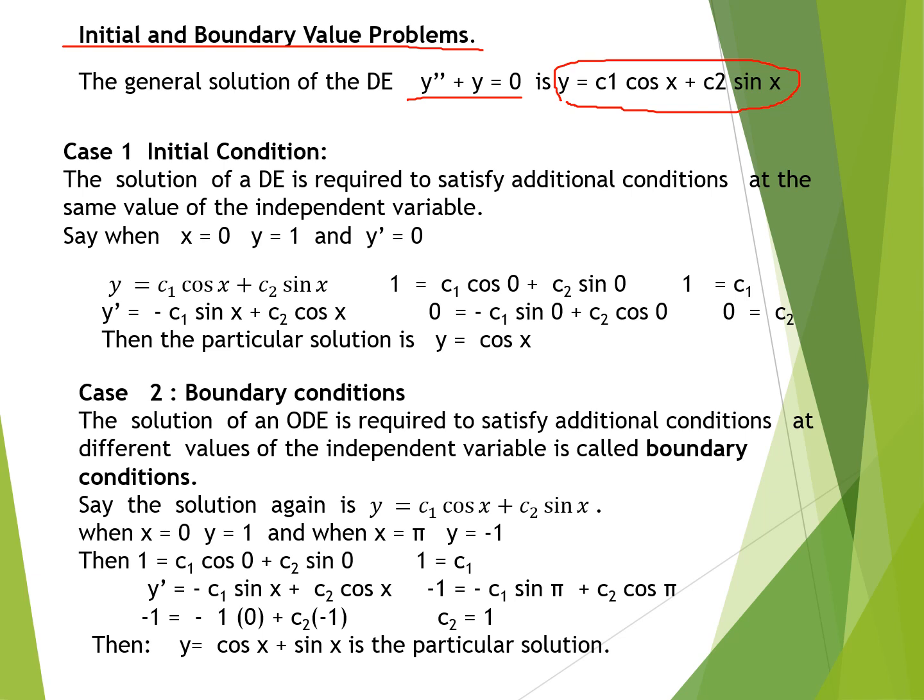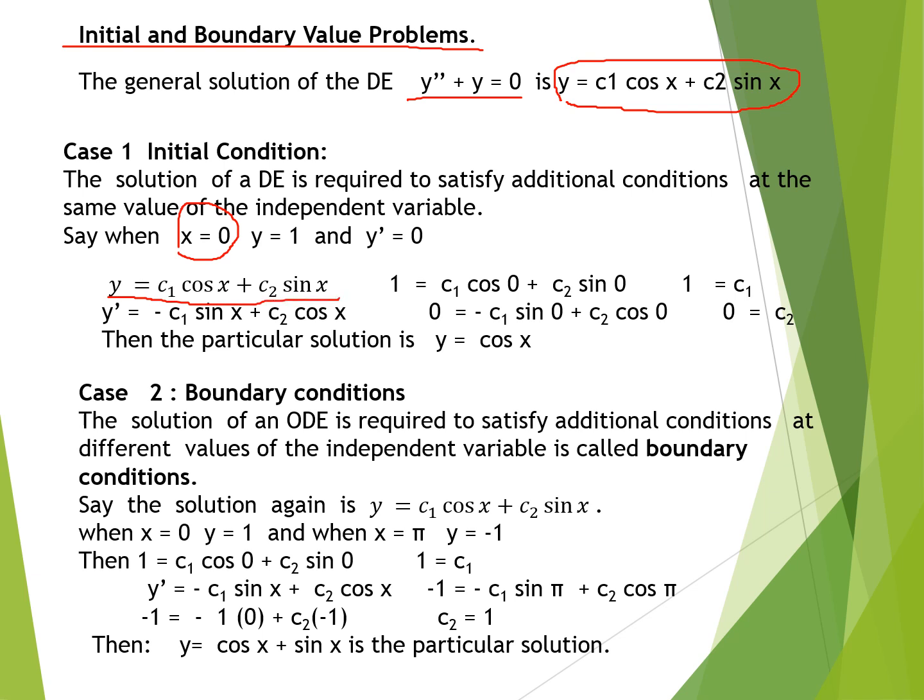In an initial condition, the solution of a DE is required to satisfy additional conditions at the same value of the independent variable. Notice that there is only one value of the independent variable, and then you have the dependent variable: y is 1 and y prime is 0. So if x is 0, y is 1, and y prime is 0, it's possible for us to determine c1 and c2. This is our primitive or general solution.